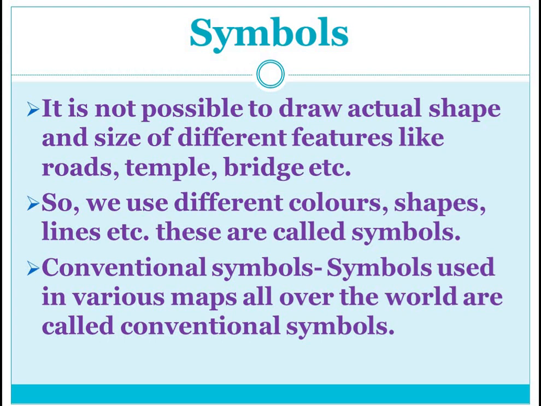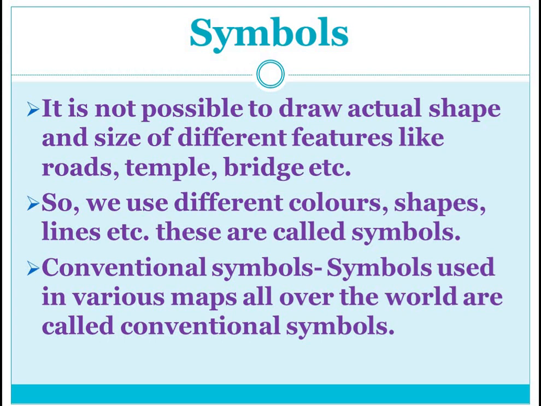So, we use different colors, shapes, lines, etc. These are called symbols. Colors are basically used for the physical features.